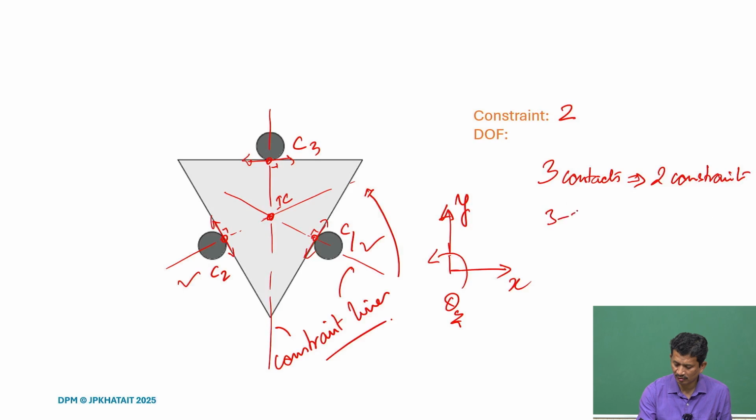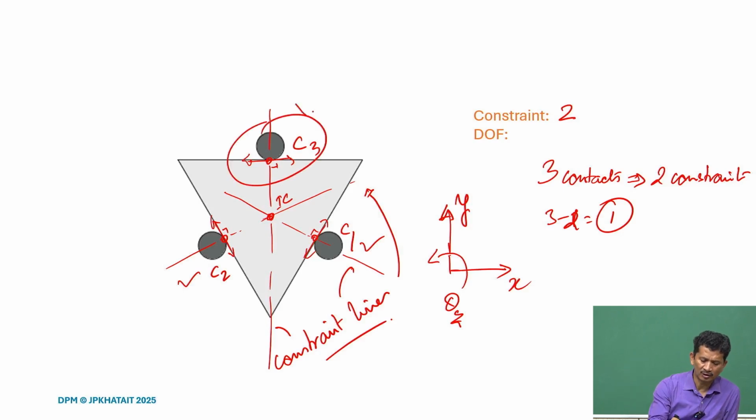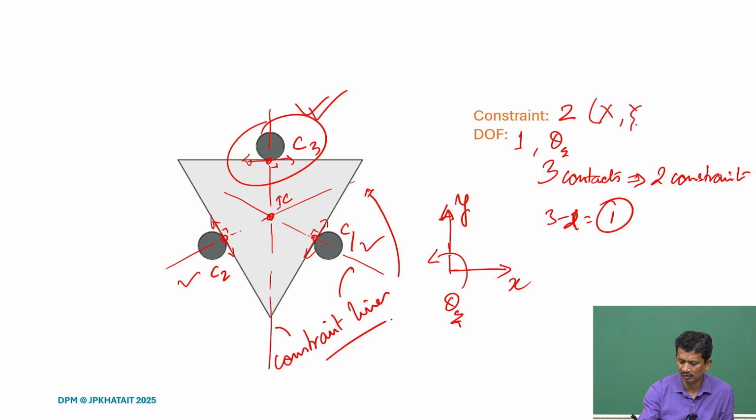It means one is redundant, one is extra, which was not necessary, and even if we remove one of them, it does not make any difference, and DOF is still 1 in this case, which is theta z. Here 2 is x and y translation. So, what we understand from this design is that yes, we can remove any one of them and still not have any issue in terms of degrees of freedom and constraint.